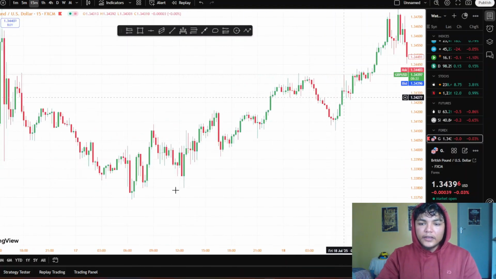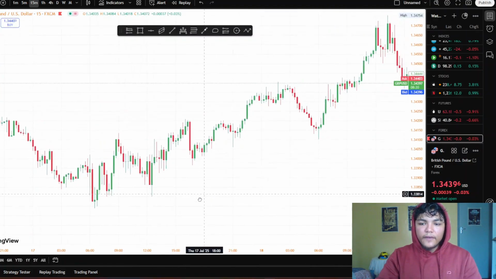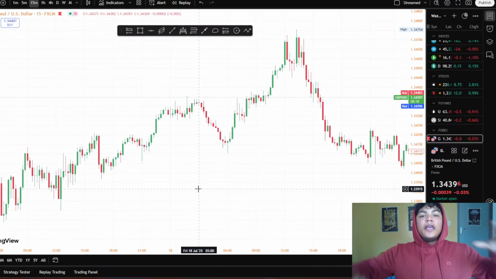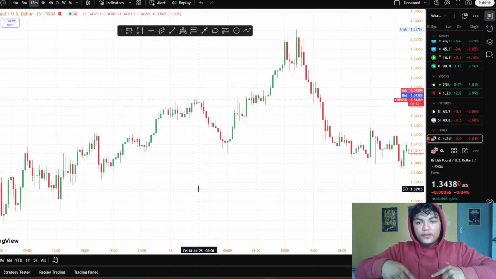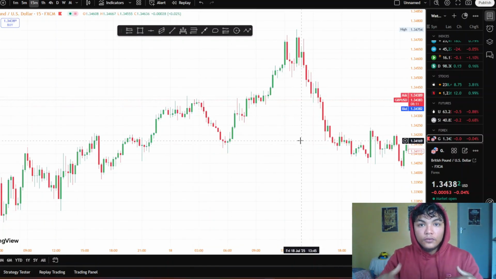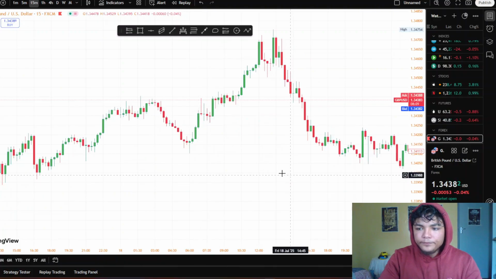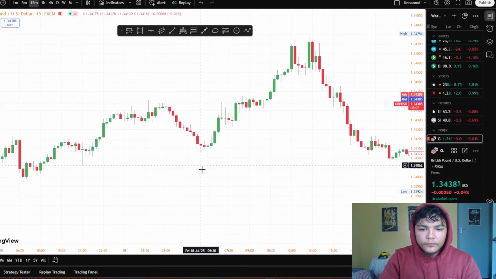So now we are in an uptrend, and as you can see, fair value gaps are being created. And when we are in an uptrend, we want to look for fair value gaps below current price. Okay.